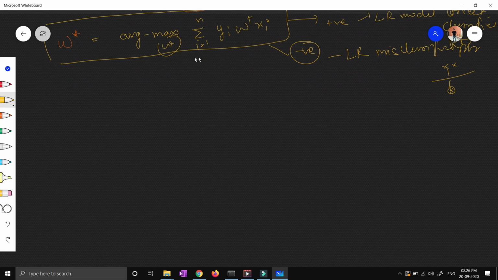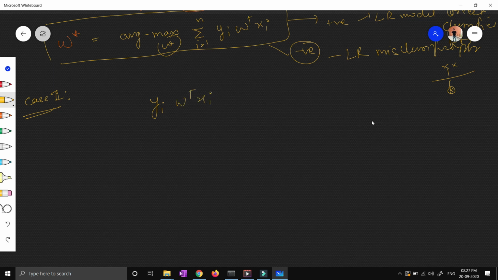So now why are we using this particular signed term? Let me give you an example. Let's take case 1. But before case 1, let me tell you one thing. If I have to calculate W transpose xi, I'm talking about only one value.